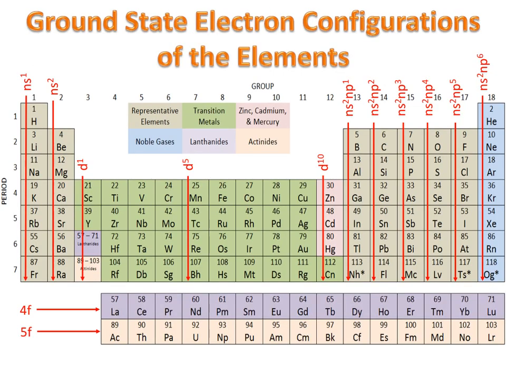Well, let's go back to the fun of electron configurations. Excluding the noble gas core of the electron configuration, elements in group 1 have 1 electron going into their s subshell. Group 2 have 2 electrons going into their s subshell.